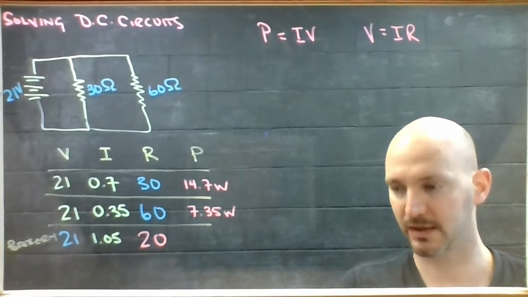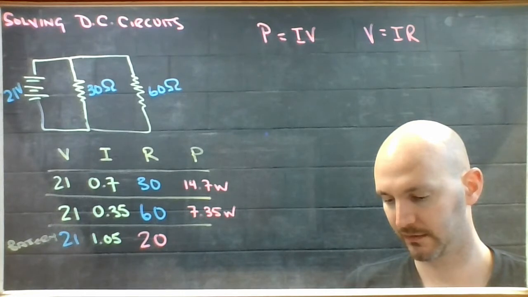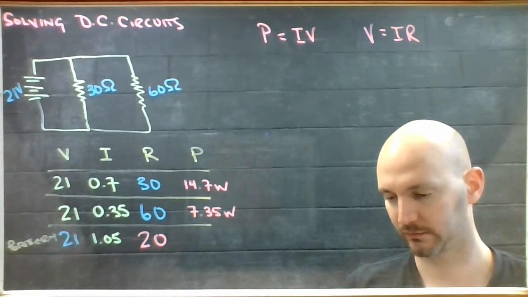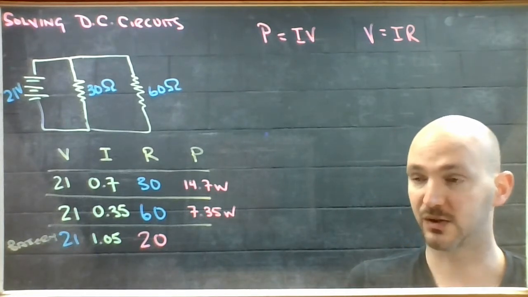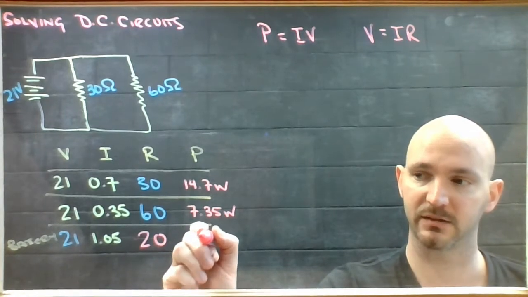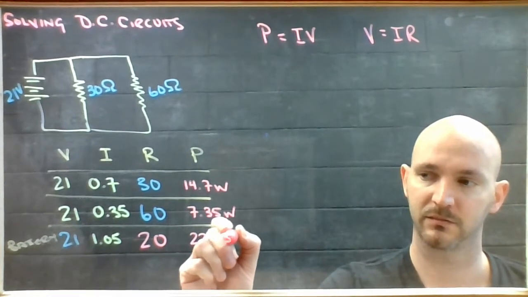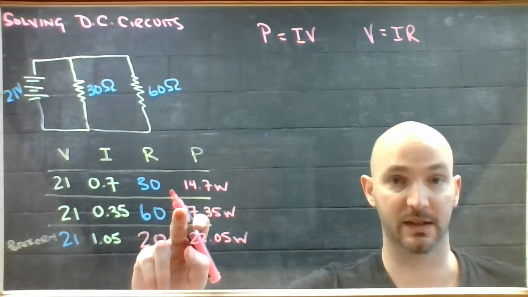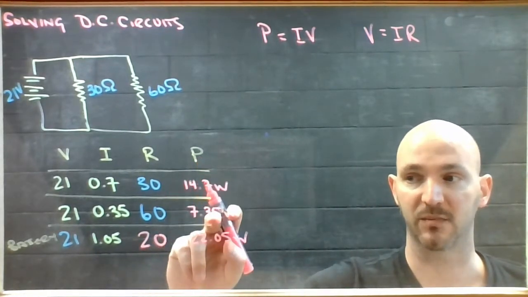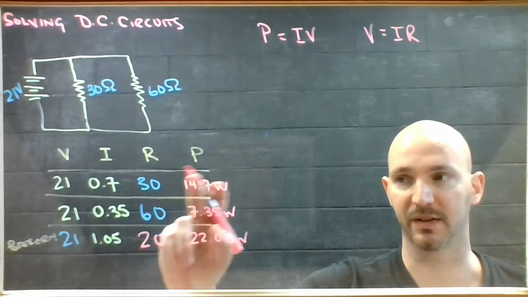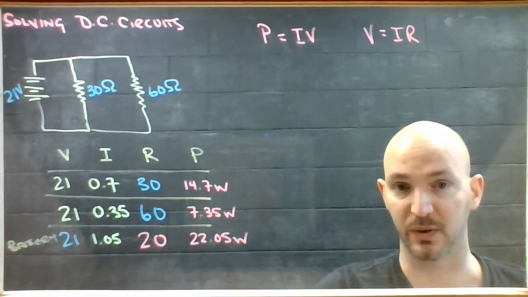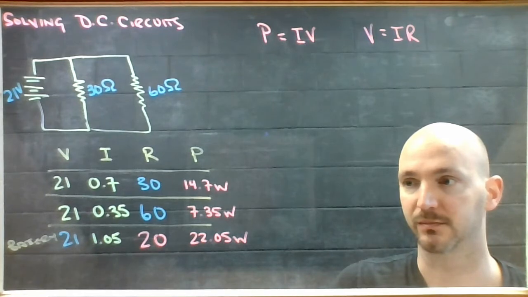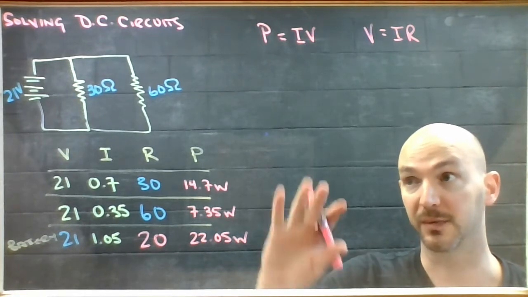And 21 times 1.05 is 22.05 watts. And 14 and 7 is 21. 0.7 and 0.35 is 1.05, plus that extra 1 would be 22.05. Perfect. All right, so this circuit is solved.